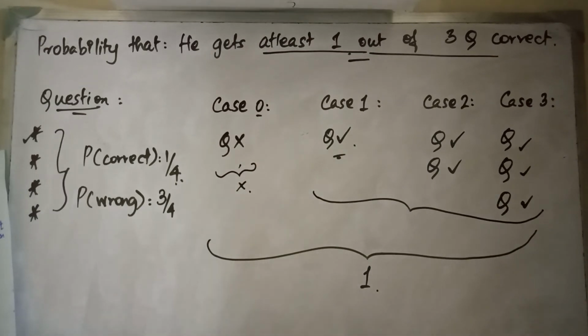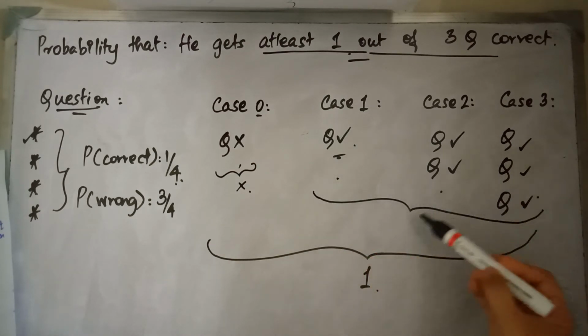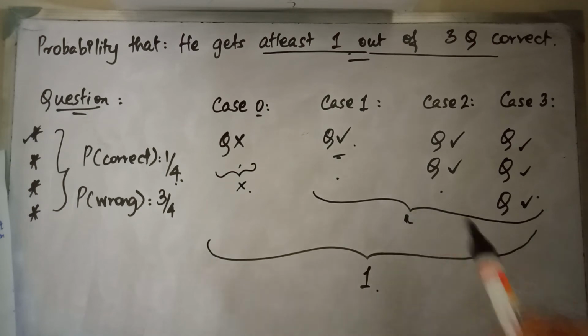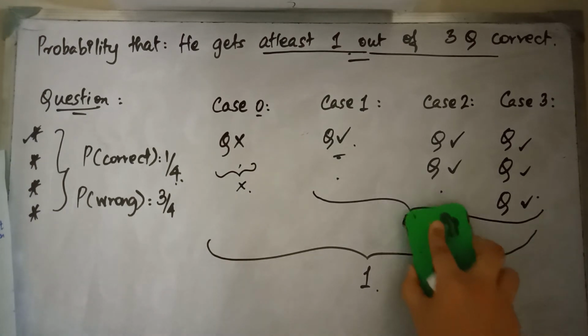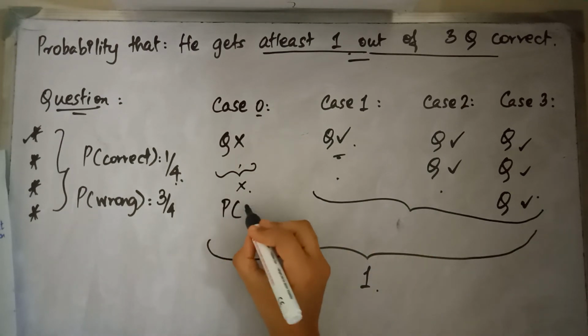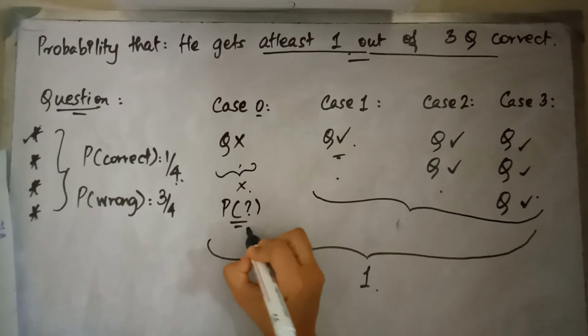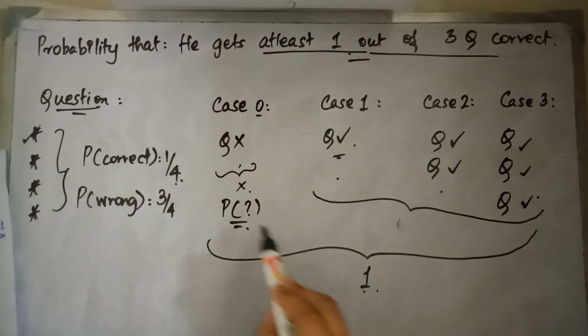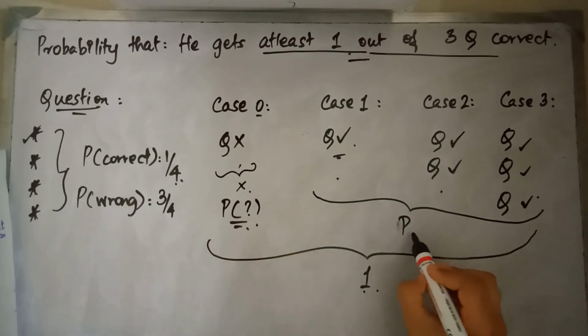So how do we find that out? It's kind of tedious for us to find out the individual probability of each case and then get the total probability. What I'll be doing instead is, I'll be finding out the probability of getting no questions correct. I'll be finding out this probability and then I will take 1 and subtract this to get this probability.